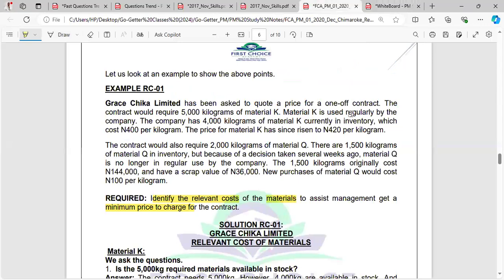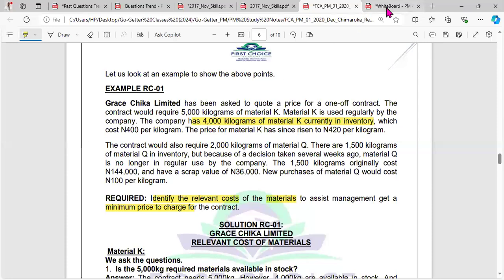Material K is used regularly by the company. We'll come back. The company has 4,000 kilogram of material K currently in inventory. Okay, 4,000 kilogram is already in inventory. 1,000 will be needed.